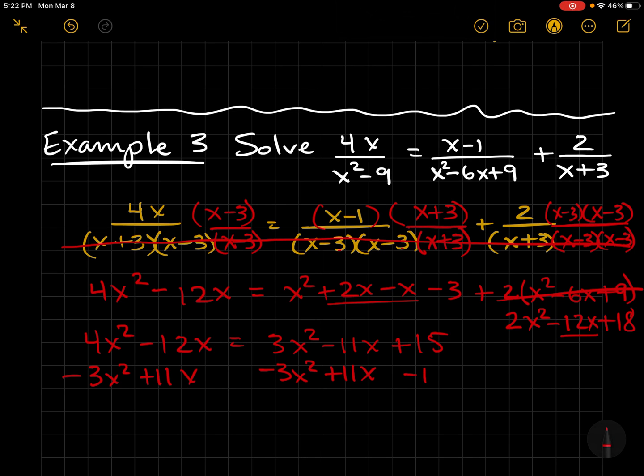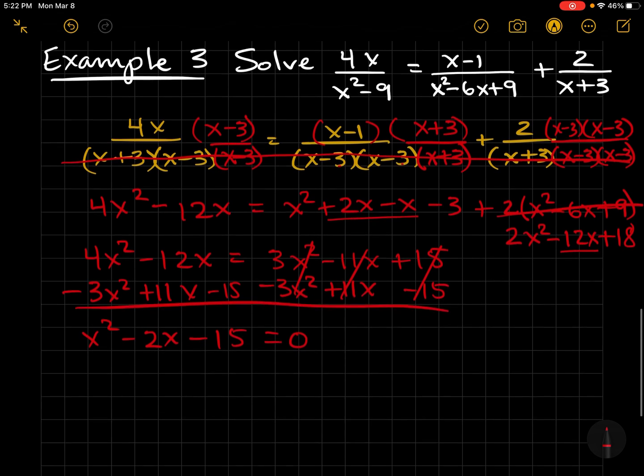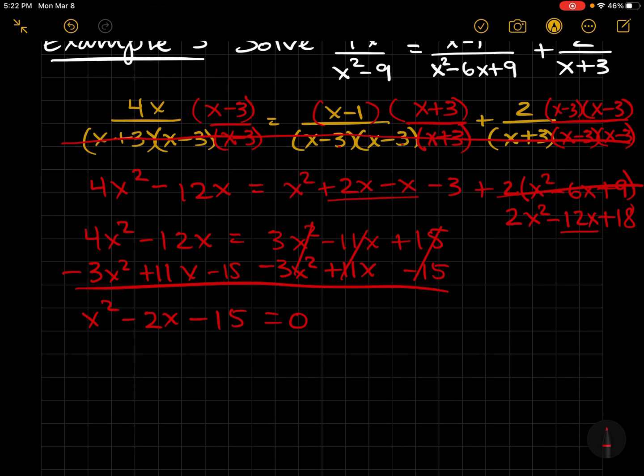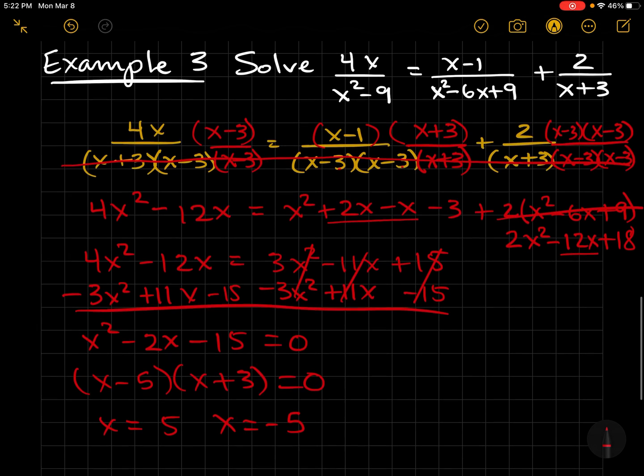So I'm going this way. And then minus 15. Alrighty, gone, gone, gone. So I have x squared minus 2x minus 15. And let's see. Quick diamond, looks like x minus 5, x plus 3, and x equals 5, or x equals negative 3.